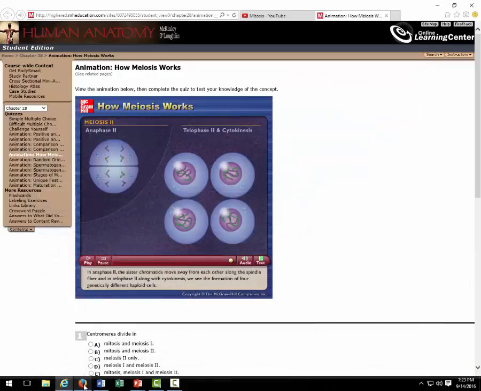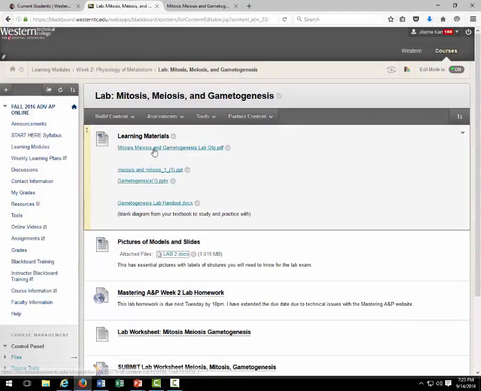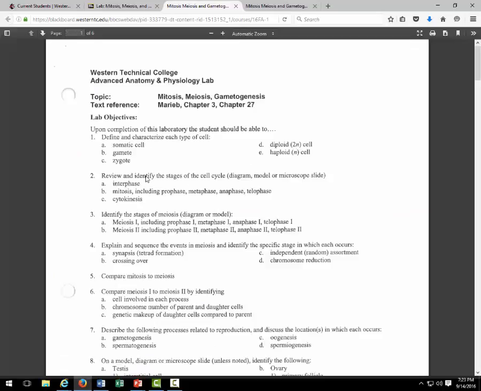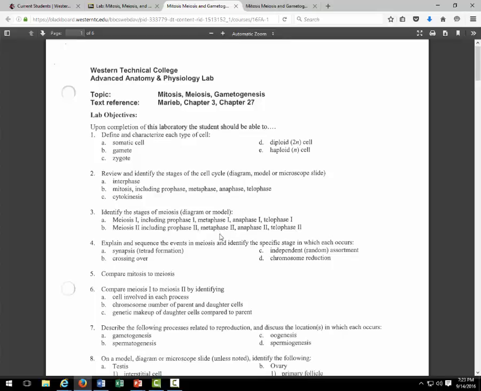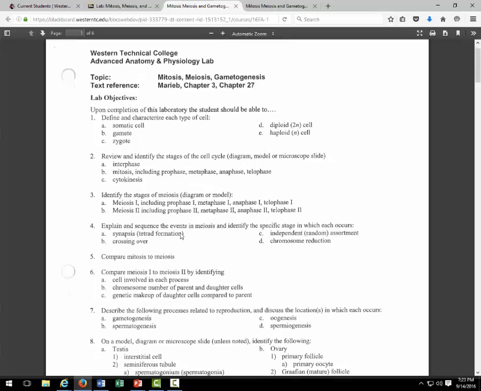All right, going back to our objectives then. We talked about mitosis. We looked at the different phases of meiosis. We talked about the different processes and when they occur. When does chromosome reduction occur? The specific stage?